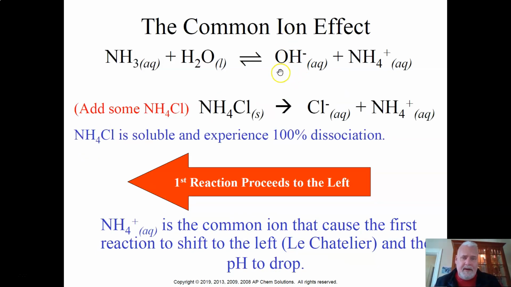And right here, if you did this, the common ion is ammonium, so you add there, shift to the left, making less OH minus. So it's a way of kind of cleaning up and getting rid of that OH. So the common ion will cause the pH to drop, in this case, become more acidic because you're removing OH from the system.